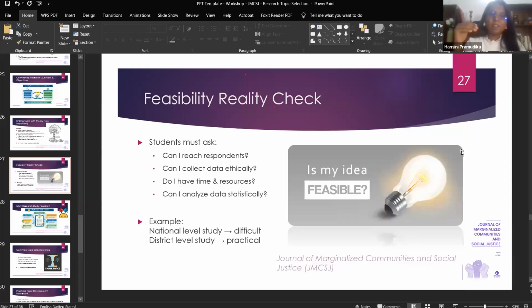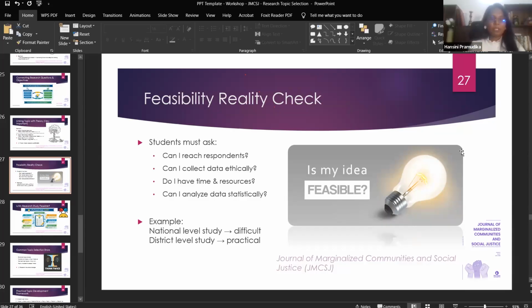Sometimes when it comes to social science research, there are so many sensitive areas we are going to discuss. Maybe some issues are very much private. The privacy is there, so you can influence the people when you collect data. So you have to do your data collection ethically.